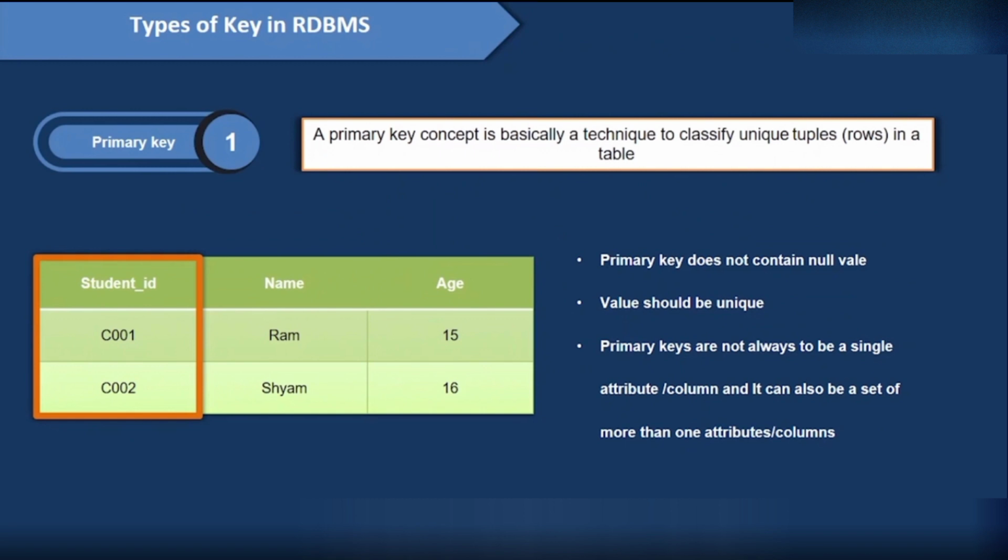Now we will start with primary key. Basically, the primary key concept is a technique to identify unique rows in a table, right? So if you use a primary key, it will help you make sure that whatever data you have in your database is unique, right?